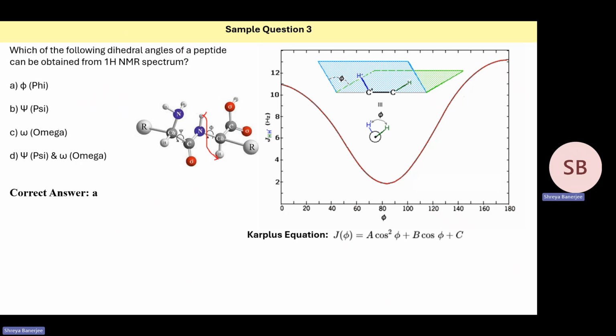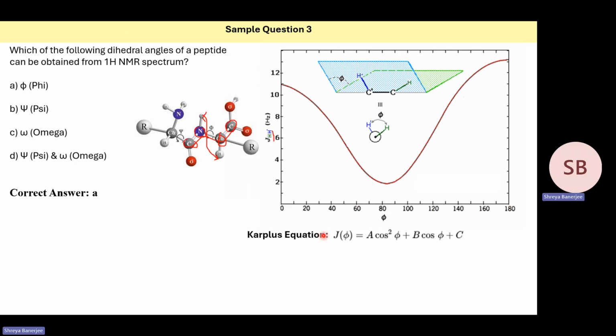We are calling this JHH prime. If this is plotted along the y-axis, and on the x-axis you have the phi dihedral angle. Phi, what is phi? Phi is from C prime N C alpha C prime. So between these 4 atoms, the dihedral angle is your phi.